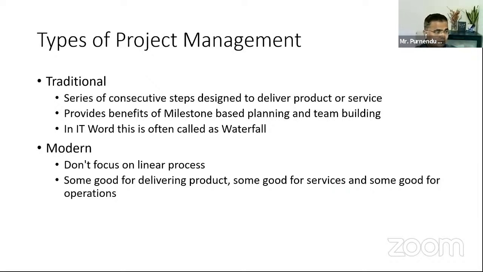Some of them are quite tailored to the product industry. So let's say if you have to design a product, you might want to take one path, while if you want to do a big implementation of an already packaged product, you might take another path of delivering it. Examples are Agile, Scrum, Lean. All these are new methodologies.